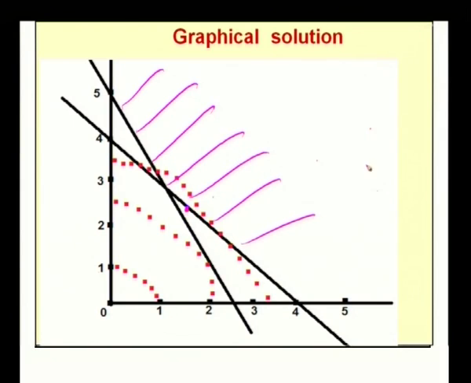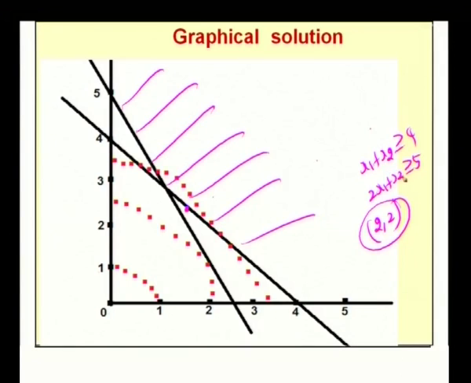Moreover, the given constraints are x1 plus x2 greater than or equal to 4 and 2x1 plus x2 greater than or equal to 5. With x1 equal to 2 and x2 equal to 2, both the constraints are satisfied. Moreover, that point lies in the feasible region.